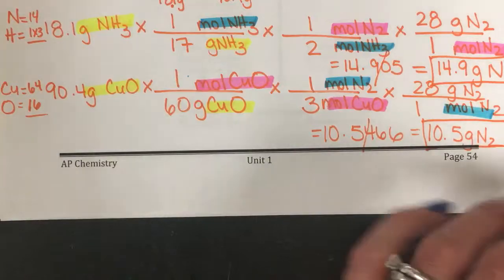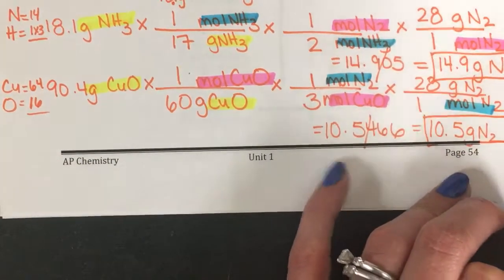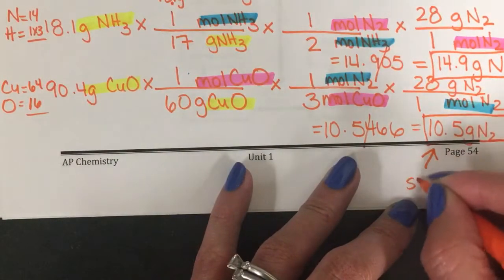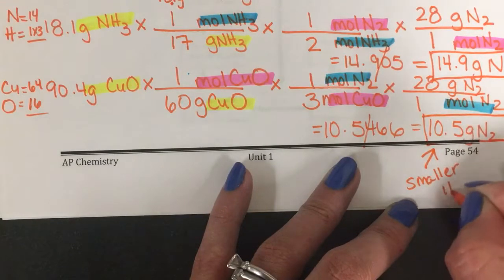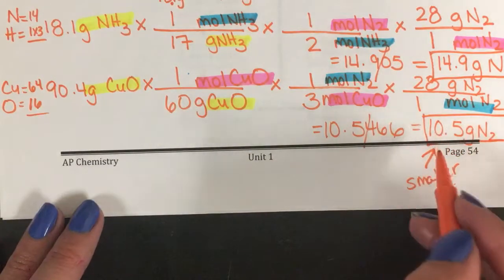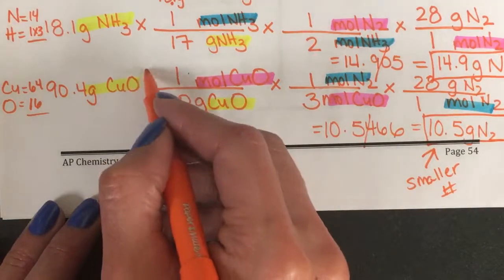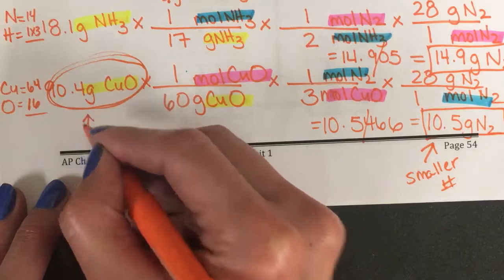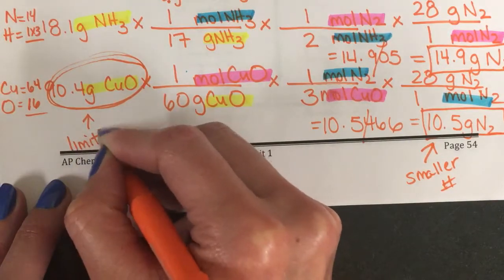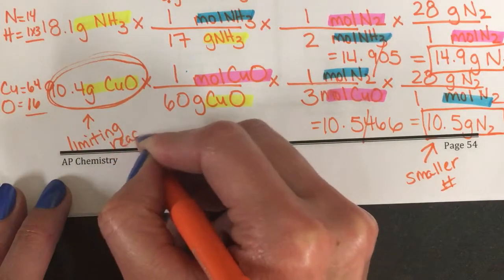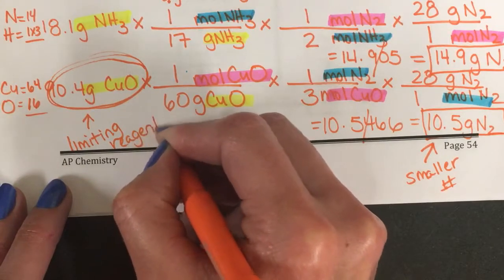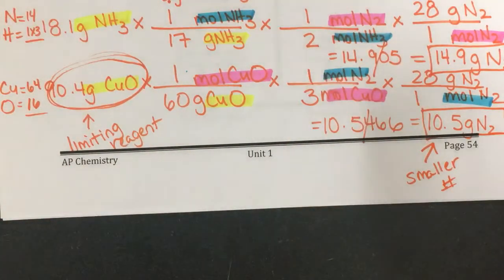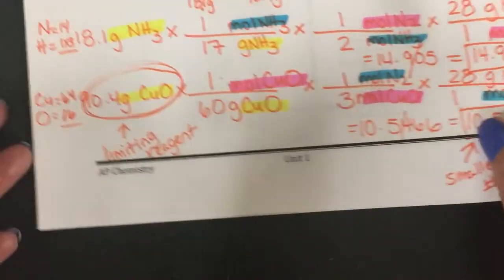In this case, because 10.5 is my smaller number, the reactant that gave me the 10.5, so the 90.4 grams, is my limiting reagent, or limiting reactant. Remember, same thing. It gives me the smaller amount of product, it runs out first, and so it limits the reaction. Okay?